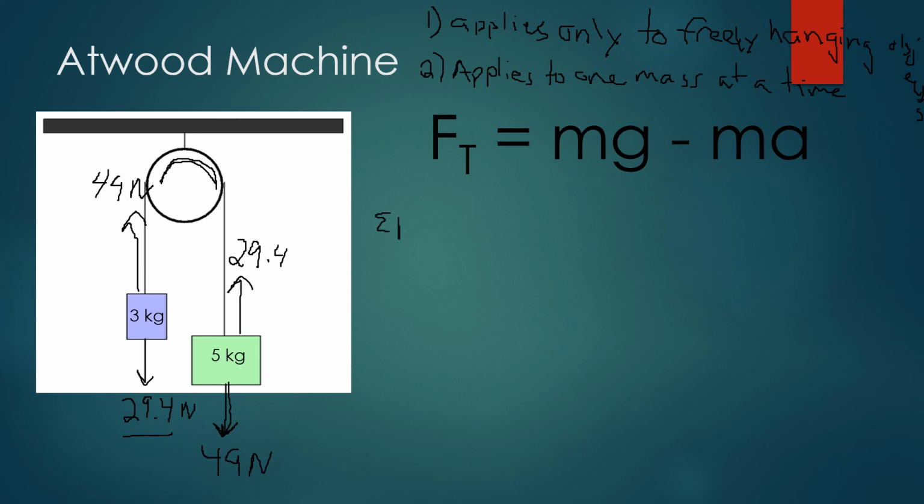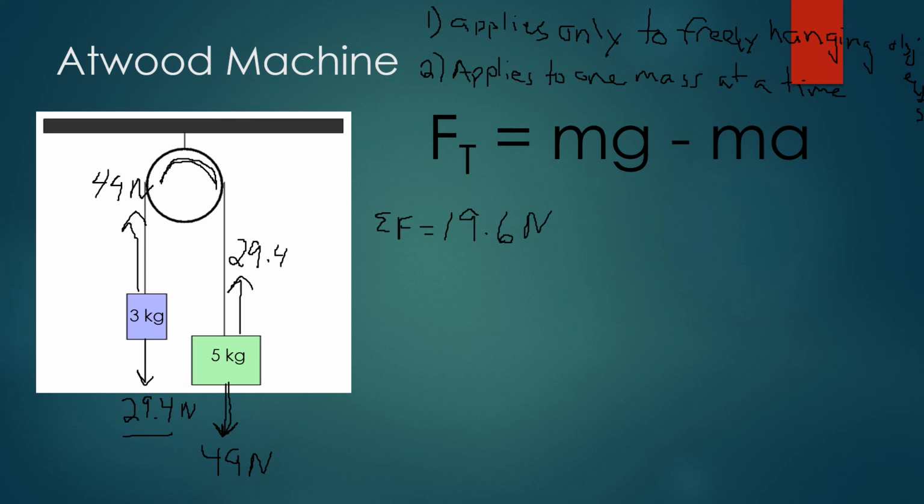What's the net force here? The net force is going to be 49 minus 29.4, or in this case, should be 19.6. Hold on, sorry. Yeah, I'm sorry. It is 19.6, excuse me. 19.6 newtons.